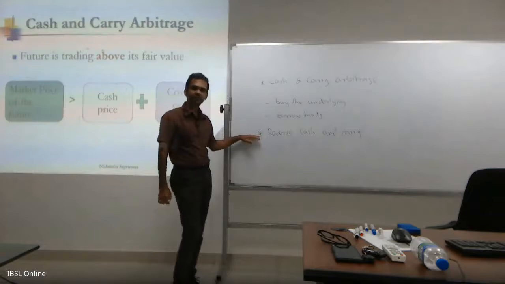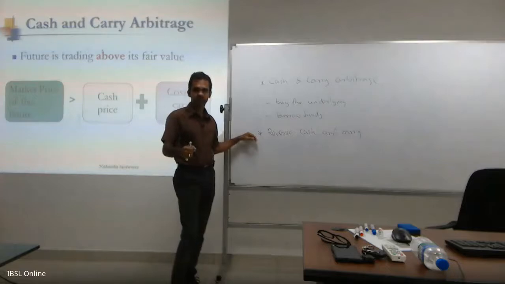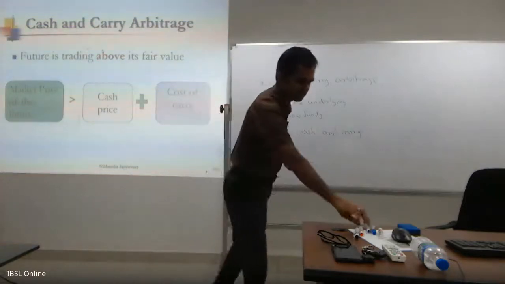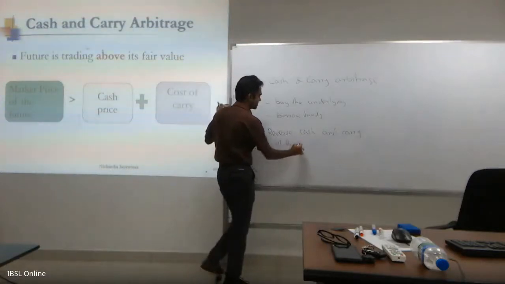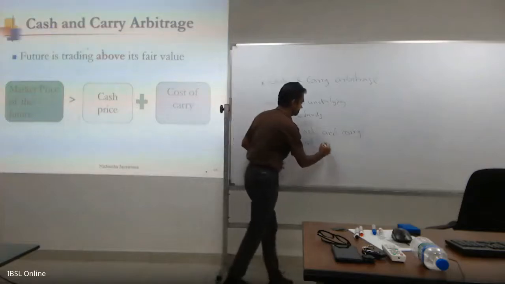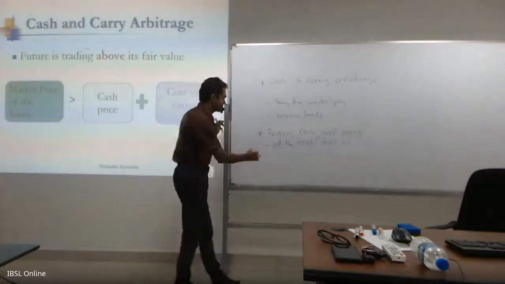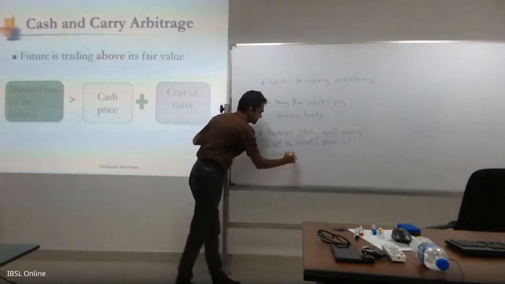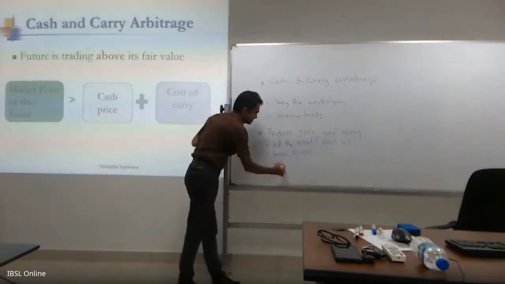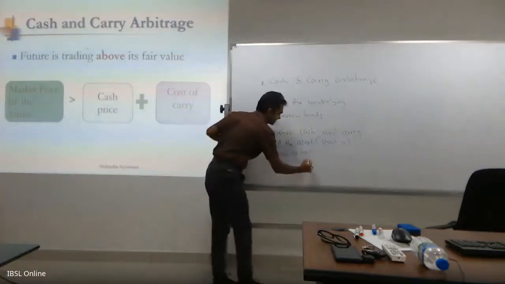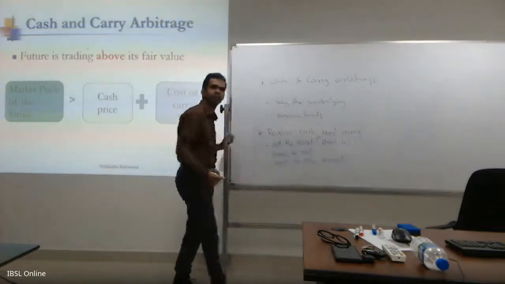We do this when the futures is undervalued. We buy the futures from the market and sell the asset, basically short sell and borrow the asset, and invest the selling proceeds.